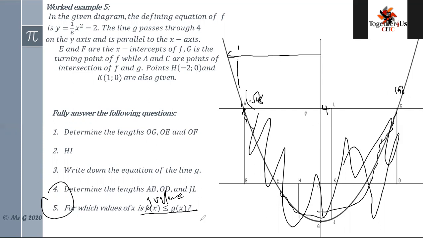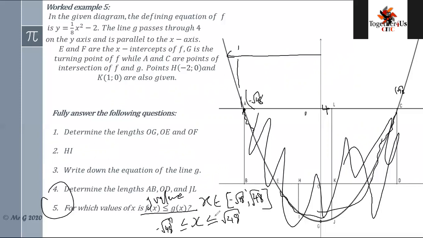So for which x values, we can answer this either in inequality form or in interval form. In inequality form, we'll say x has to be between the negative square root of 48 and the positive square root of 48. Otherwise, if you want to write this in interval form, you would say x has to be from negative square root of 48 to the positive square root of 48.